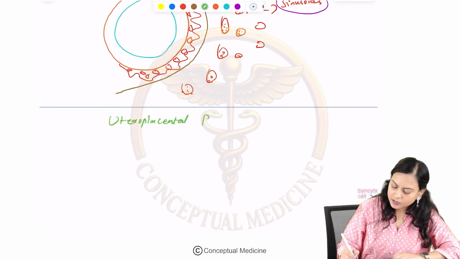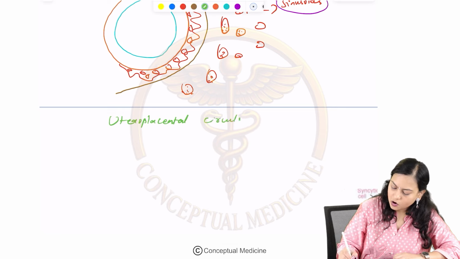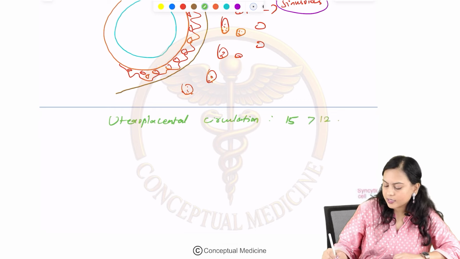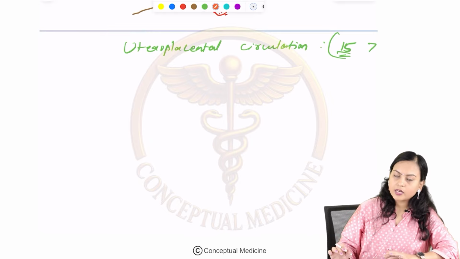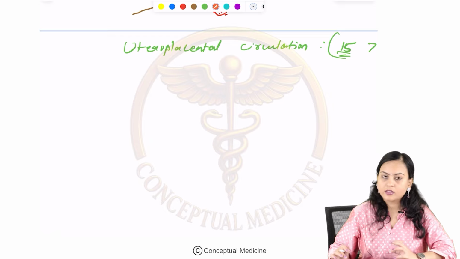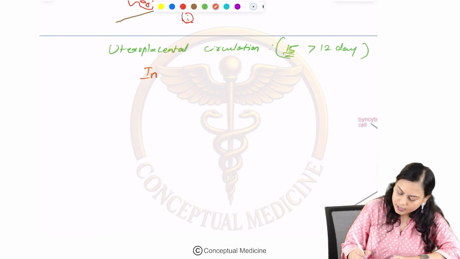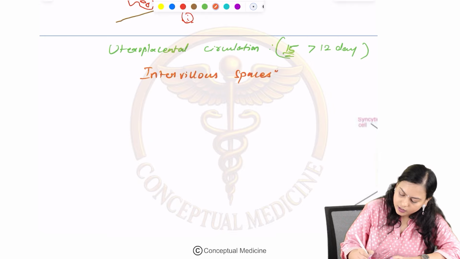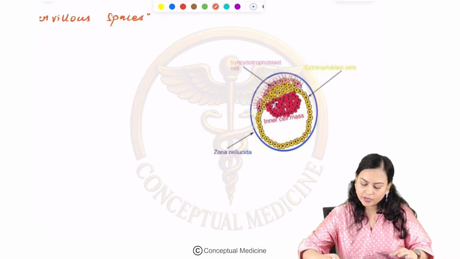So basically, this uteroplacental circulation is established on day 15. Some books say day 12 also. Now these spaces, where this connection has been established, are known as intervillous spaces. So we'll see the diagrams now for better understanding.